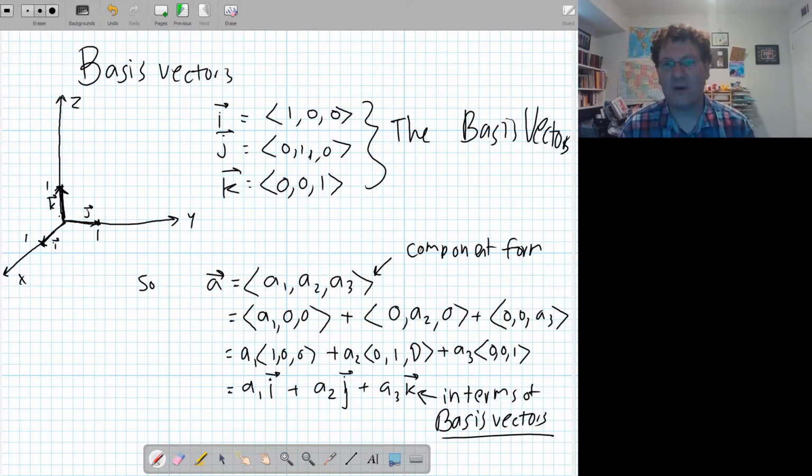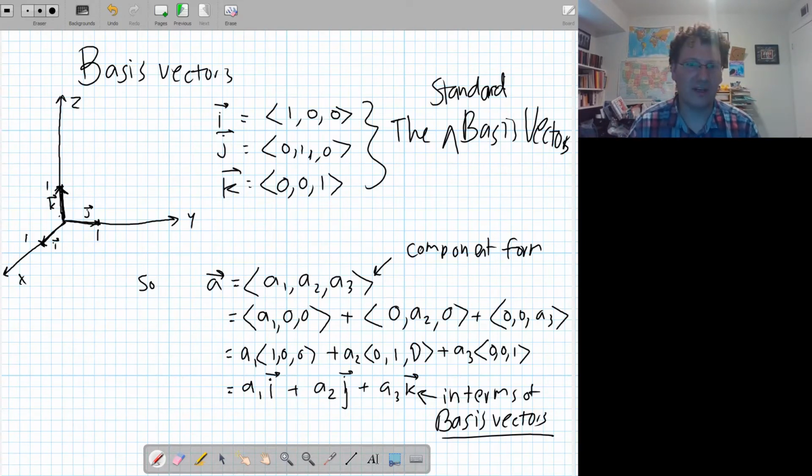I'm not going to talk about why it's called basis vectors, but these are the standard basis vectors. There would be other basis vectors that you could use for 3D space, but you'll get into that in a course in linear algebra.